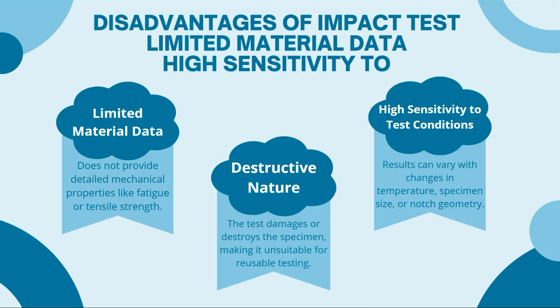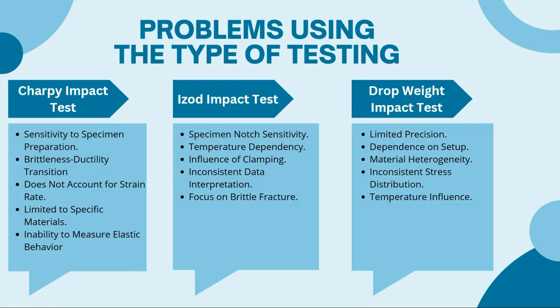The test damages or destroys the specimen, making it unsuitable for reusable testing. And the last one is high sensitivity to test conditions, where the result can vary with changes in temperature, specimen size, or notch geometry.